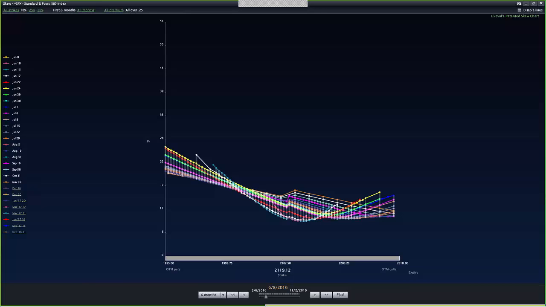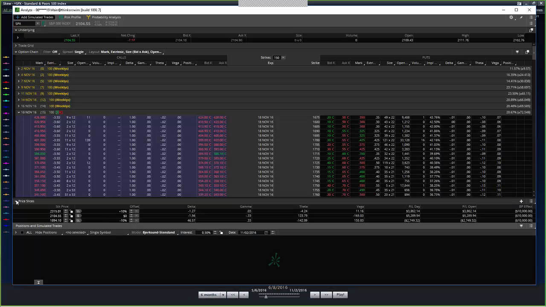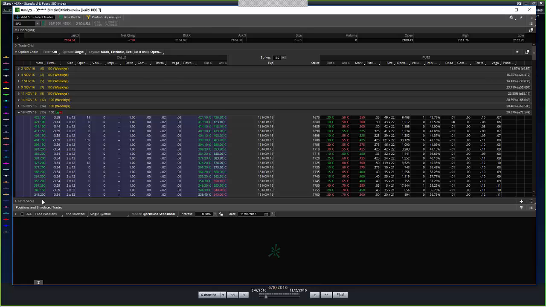I'm trying to get it to move, and what's happening is that I am moving ever so slowly because I have so much stuff open. So let me bring this over here so you can see. What I wanted to show you was Thinkorswim, and here's why I don't use Thinkorswim to be able to show this.